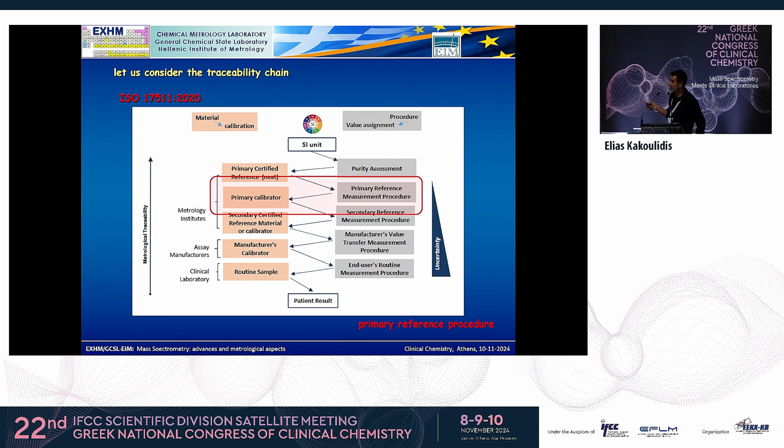So this refers only to the primary reference measurements in the traceability chain that I hope everybody is familiar with. We start from the SI unit and we move to the patient result when you get a test from the hospital.